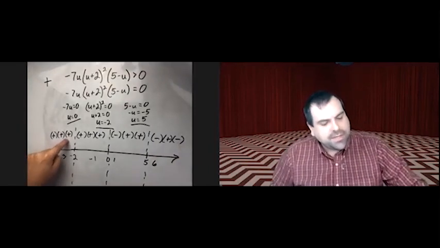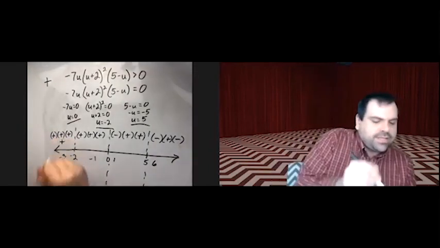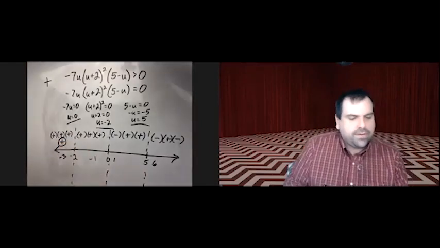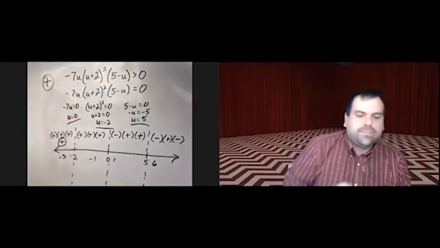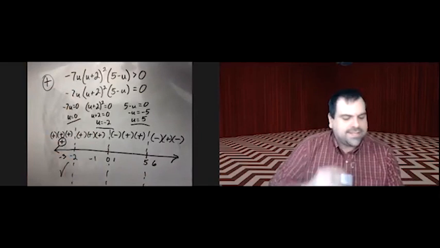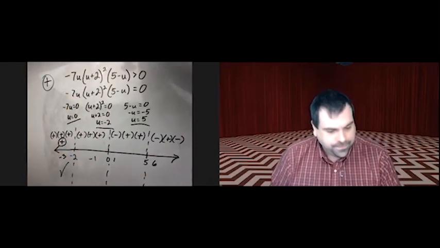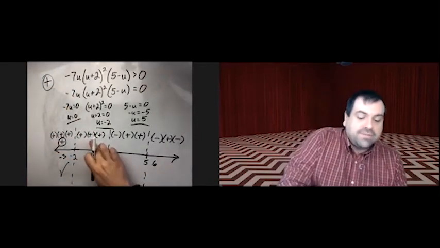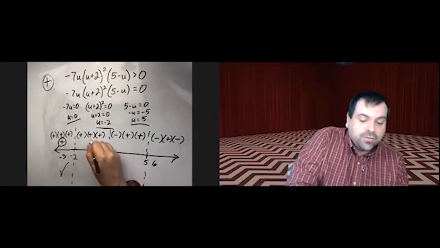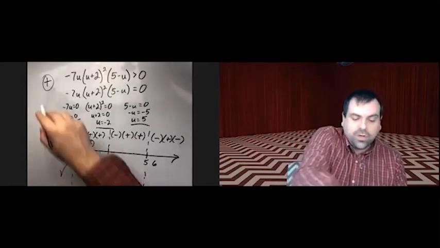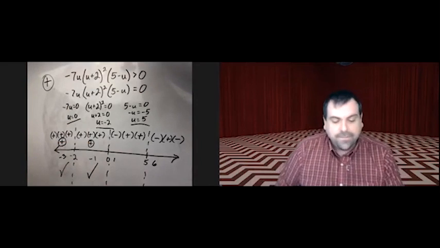Okay, so what was the point of that? Well, positive times positive times positive is overall positive, which is what we want. That section gets included. Positive times positive times positive is overall positive. That's what we want. This section is included.